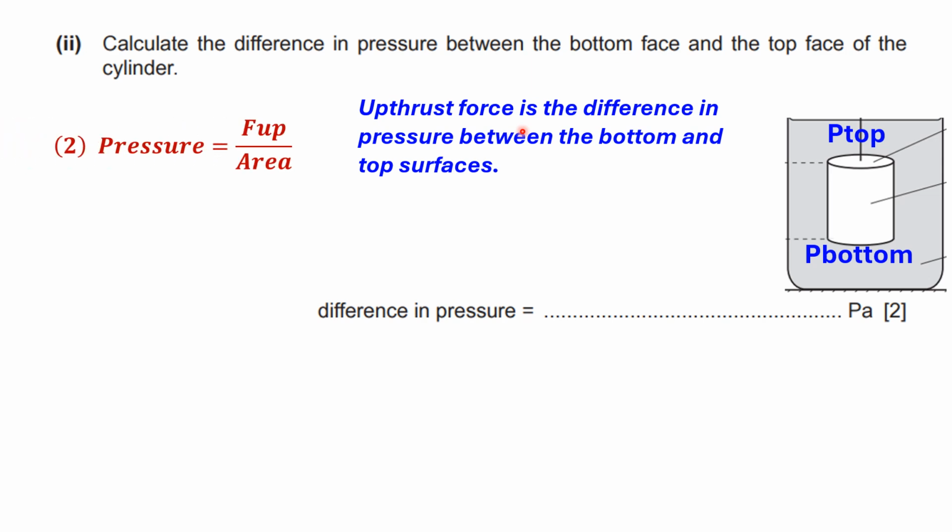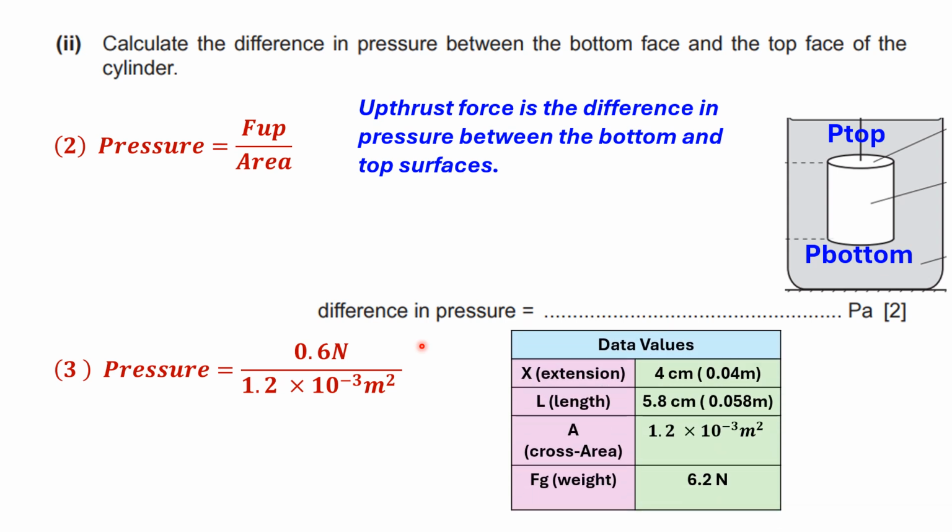To calculate it, we can use the formula for pressure. The upthrust force that we already calculated is 0.6 newton, and the area provided in the question is 1.2 times 10 to the negative 3 square meters. So the result is 500 pascals.